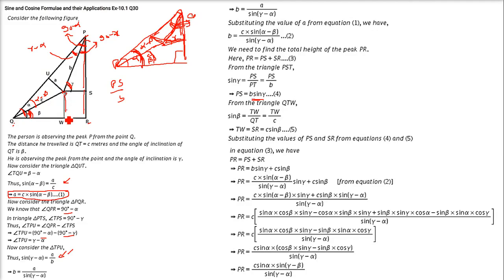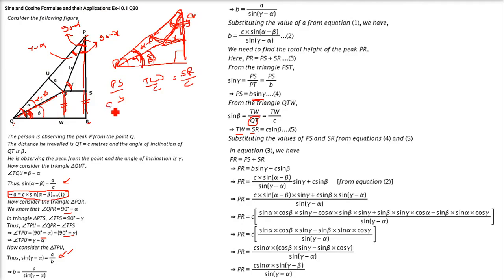Perpendicular upon hypotenuse, that is TW by hypotenuse C. But TW and SR are equal, so you can write it as SR by C. So TW is nothing but C into sine beta, because QT is C. So TW becomes C sine beta, because TW and SR are equal.